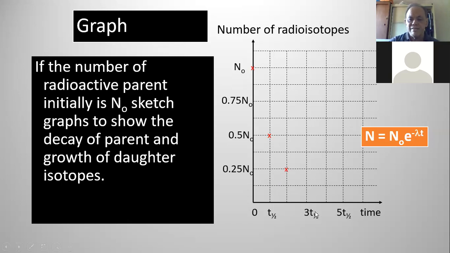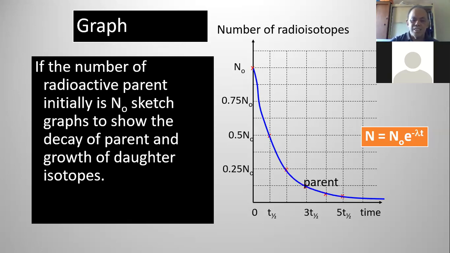After the third half-life, half of 0.25 is here. Then after the fourth half-life, half of that one there. Put a point there, and then we can continue on. That is the parent, and we can draw the curve. That's why you're required to know how to do it in the exam.